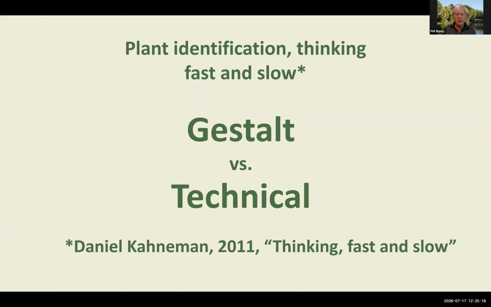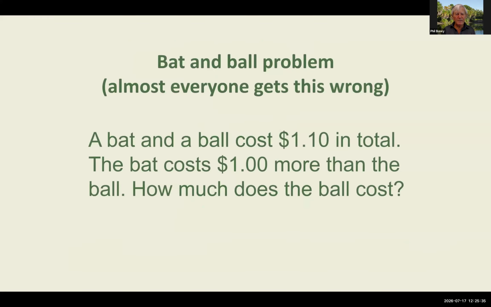You see a person, you know who they are, you've seen them a million times, you know their name maybe. As an example of the failures of the fast thinking part of the brain, which is valuable to us but needs to be validated, there is the bat and ball problem.